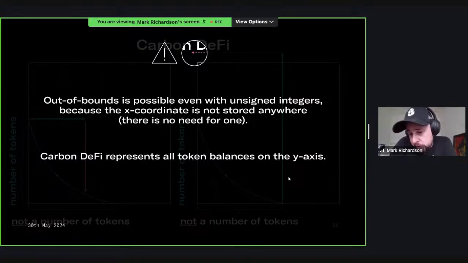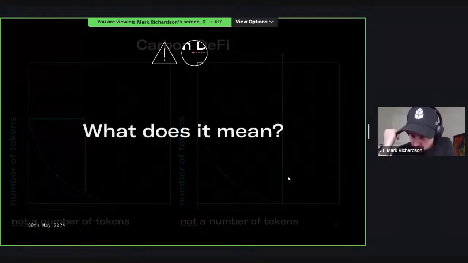Now, the reason why that's not necessarily a problem is because, like I said before, the x coordinate doesn't refer to its token balance anyway. So it's perfectly reasonable to let it go negative if we wanted to, but we don't want it to. And I want you to think for a minute, because I'm going to ask a question. What does it mean?